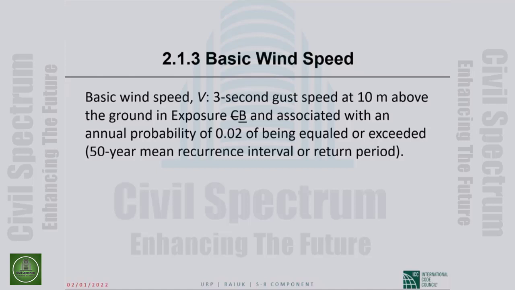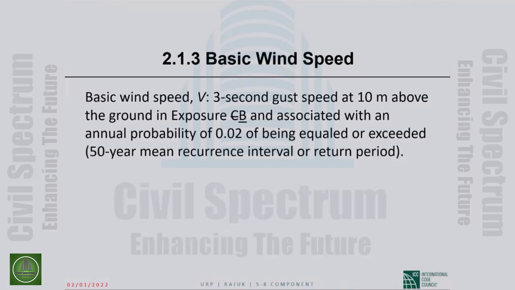Okay. So you have to specify at which height above ground level you are looking at your velocity. So that distance is 10 meters. When we say basic wind speed, it is 3-second gust speed, and at 10 meters above the ground.